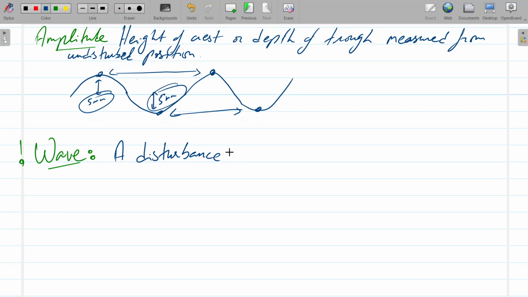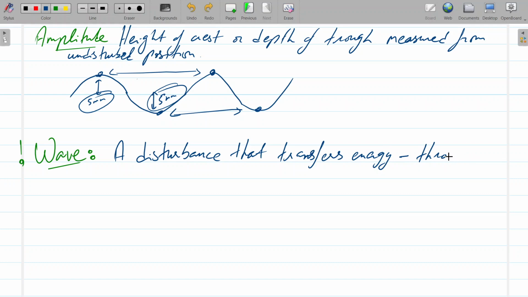So it's a disturbance that transfers energy. Now, we've got mechanical and progressive waves.